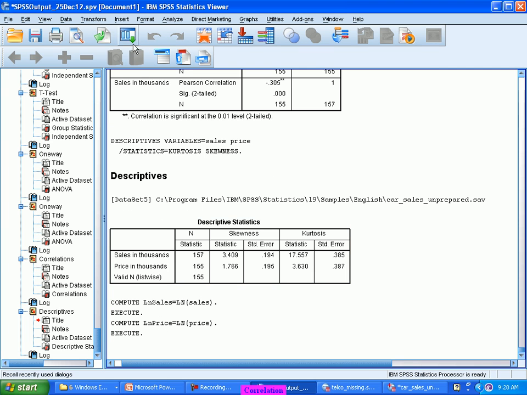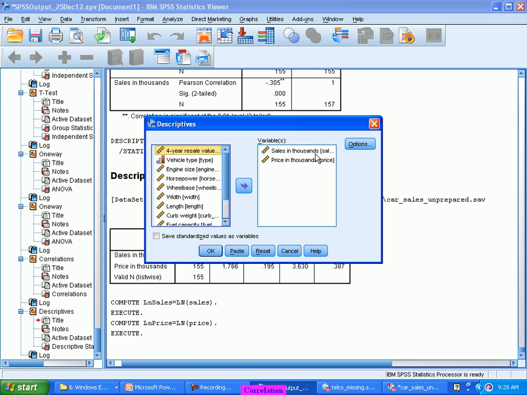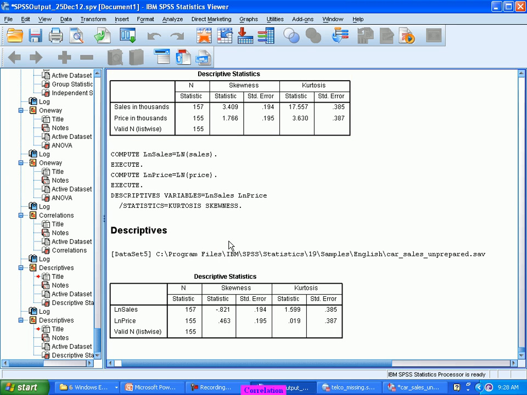Now let me find out the descriptives, not for the original variables but for the log transformed variables, log sales and log price, which is the skewness and kurtosis I am trying to find out between these two.